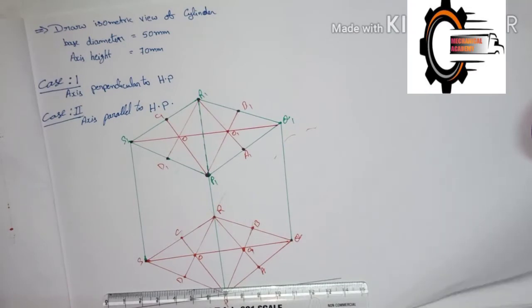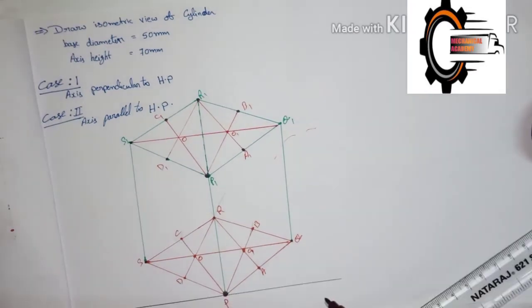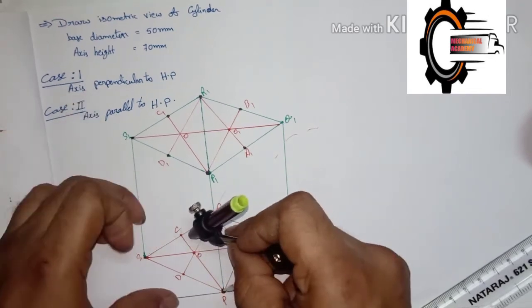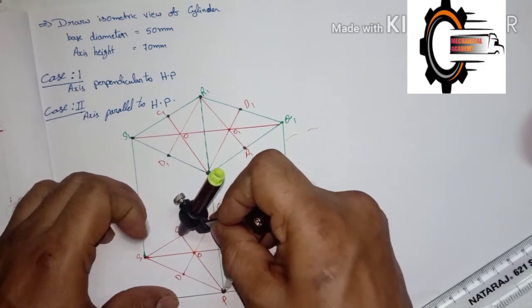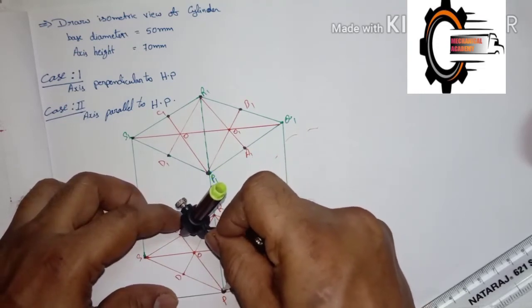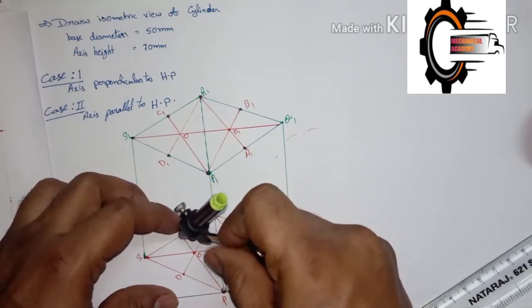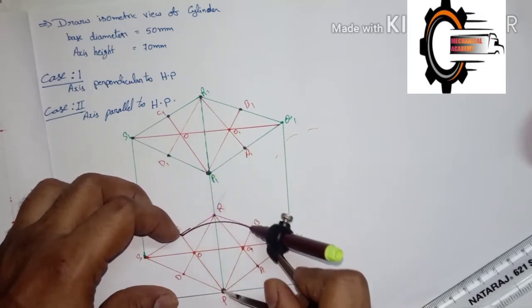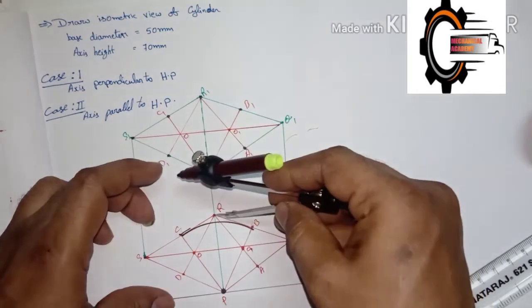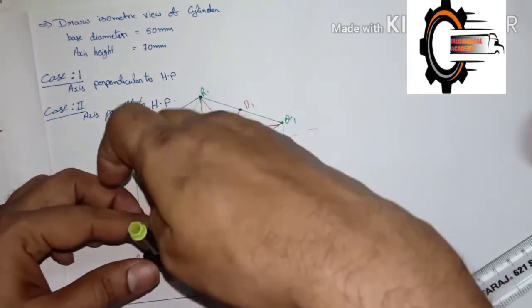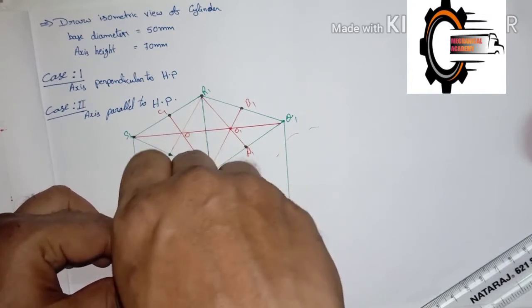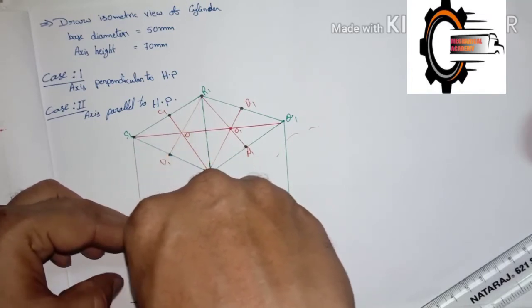Now what we have to do: we are going to draw the arc from P as the center, taking PC as the radius, and draw the arc like this. Similarly, R as the center and R to D as the radius, draw an arc up to the A.